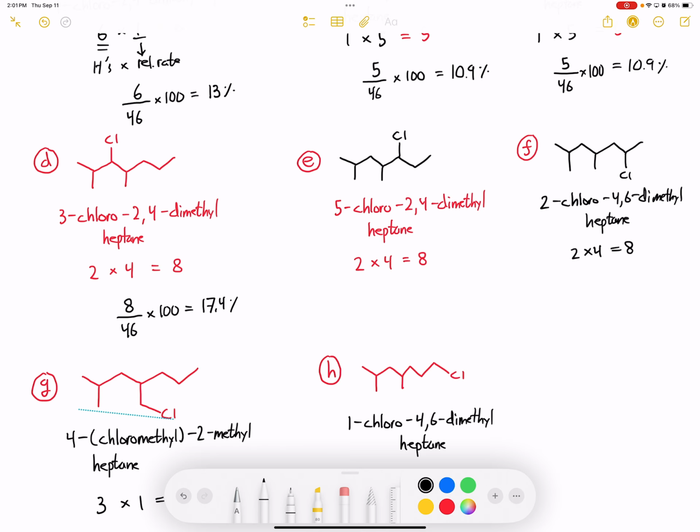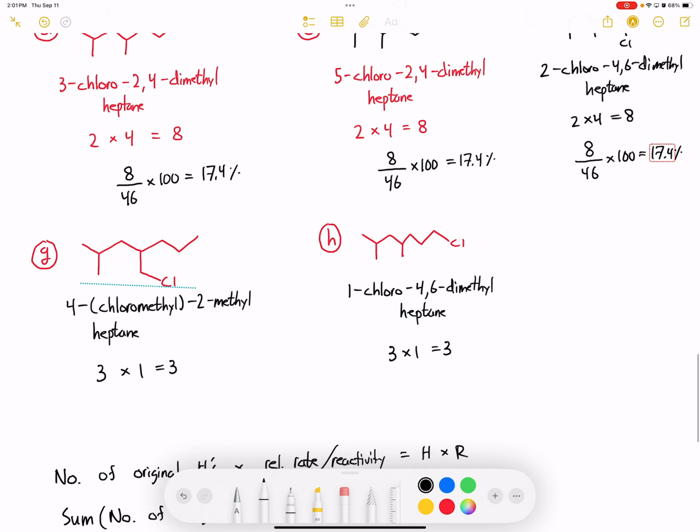So that's probably our major, I don't know if you consider that a major product, but it might be. Because this one is also 8 out of 46 times 100, 17.4%. All right, we get the letter F. F is also 8 out of 46. 17.4%.